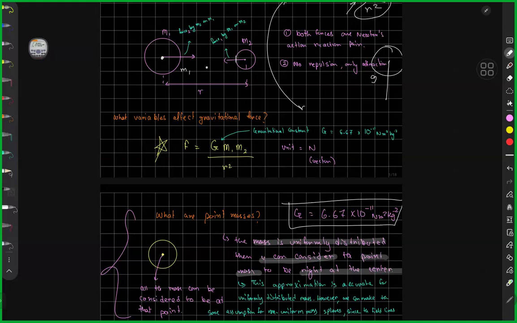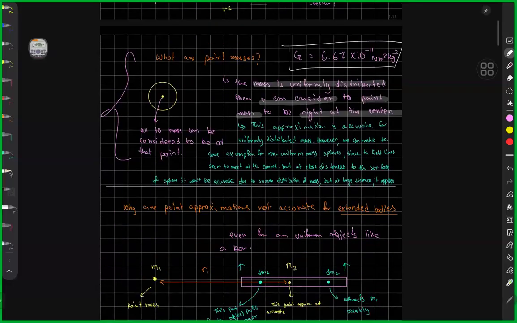This is the gravitational constant G, which was experimentally found out. It will be given to you on your paper. And the unit of force, what is the unit of force? Newtons. I hope we all know that much. So even for gravitational force, the unit is going to be Newton.